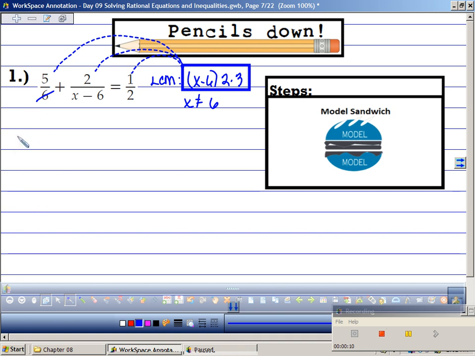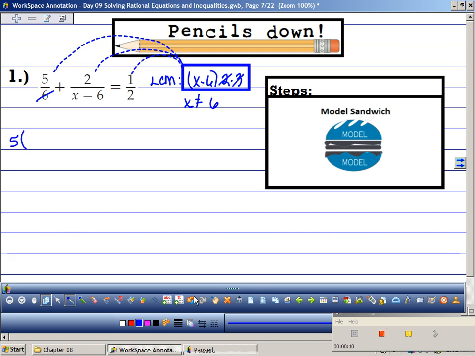So I'm going to write my 5. When I cross off the 6, the 2 and the 3 go away. What's left over? X minus 6. I'm going to undo that so I still have it. X minus 6. There's my first term.